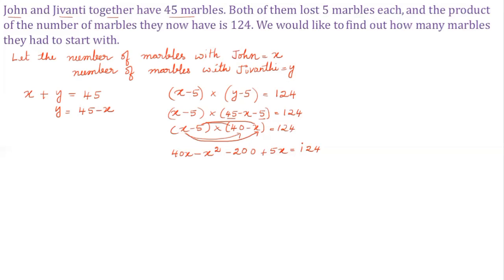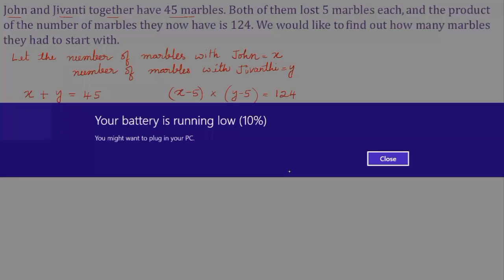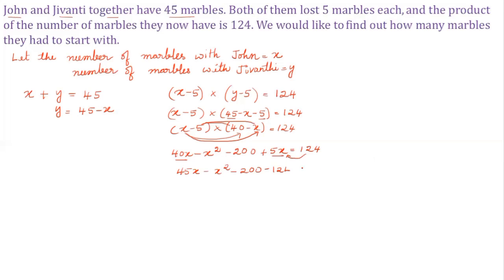Now bring all the terms to the left hand side and simplify the equation. 40x plus 5x are like terms, so that becomes 45x minus x square minus 200 minus 124 is equal to 0.